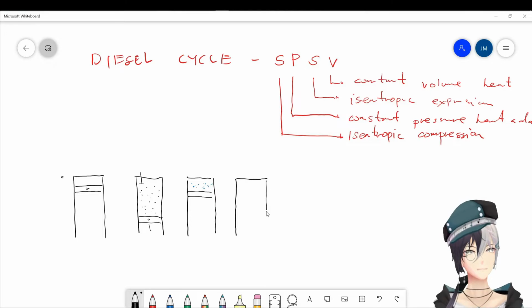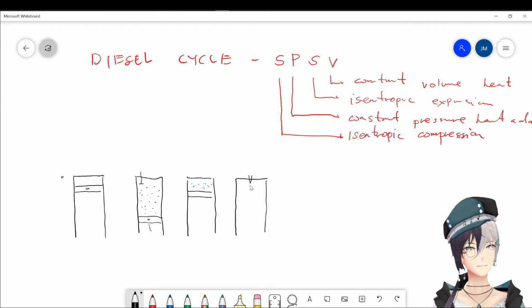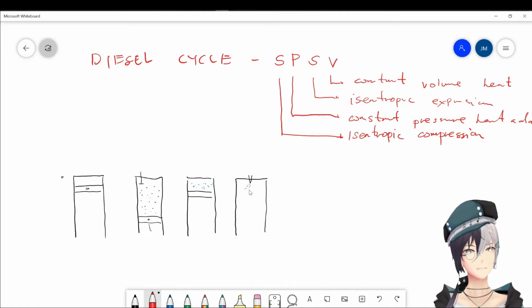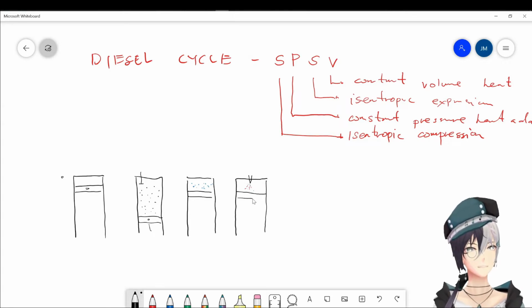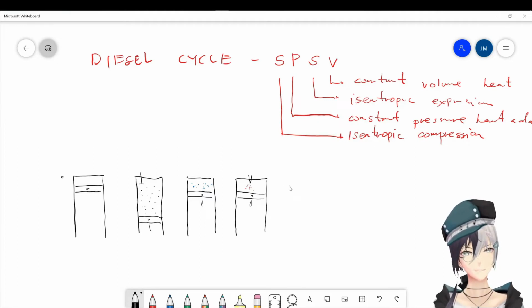It is so hot such that when the fuel injector gives fuel, as it sprays fuel, it will ignite. It will ignite right away. So that is where your constant pressure heat addition occurs.